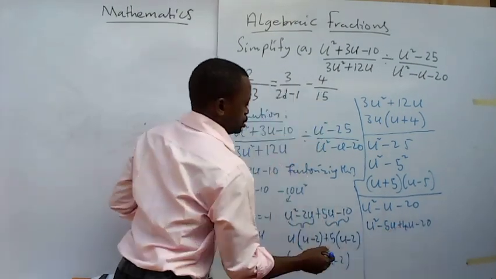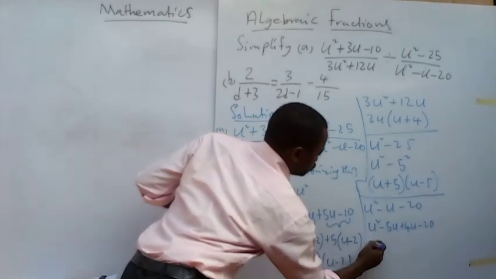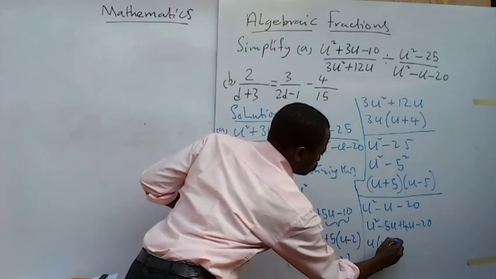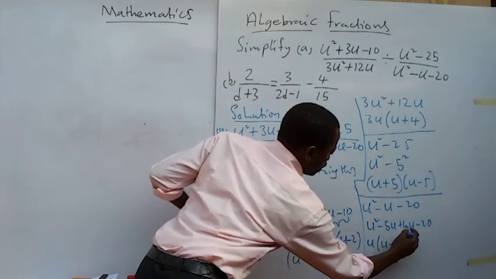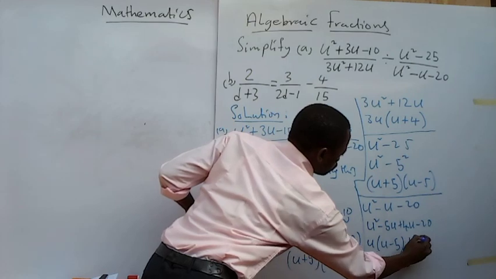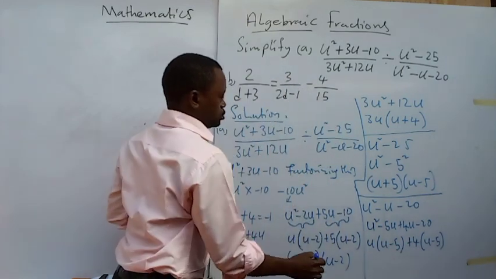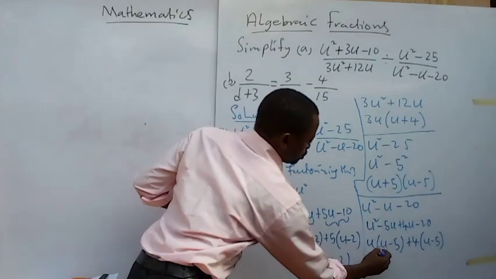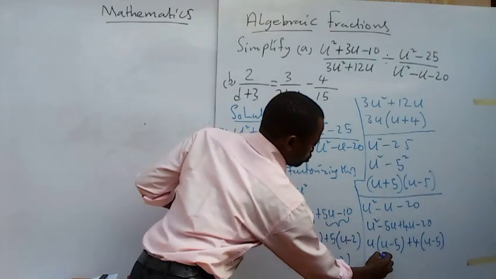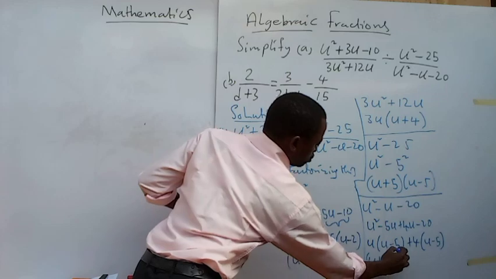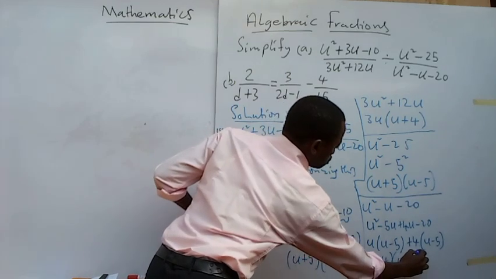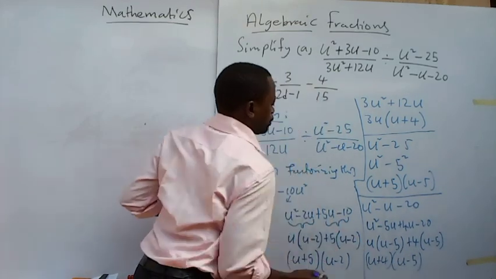Then here the HCF is u in bracket u minus 5, and here the HCF is 4, with u minus 5 as well. So the factorized expression of that is (u plus 4)(u minus 5).